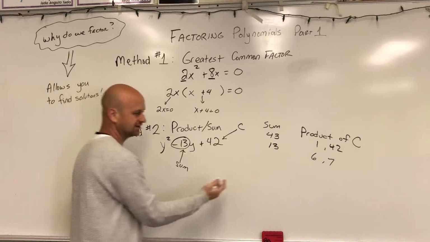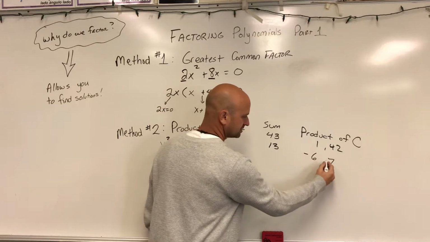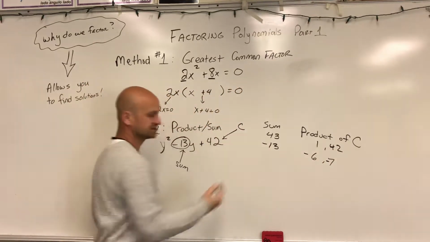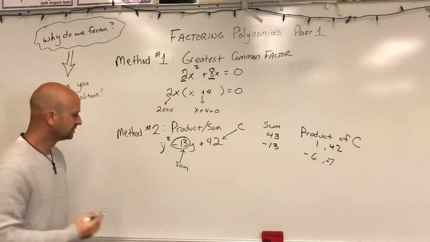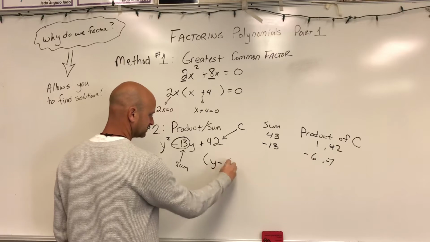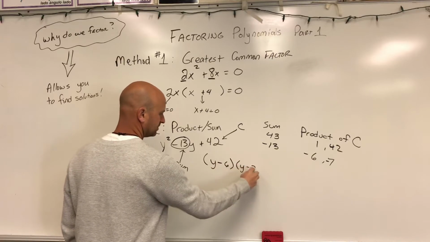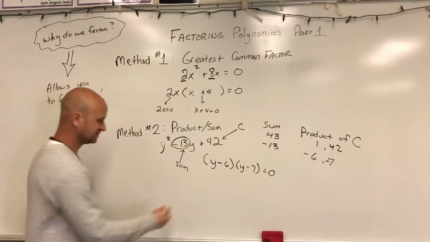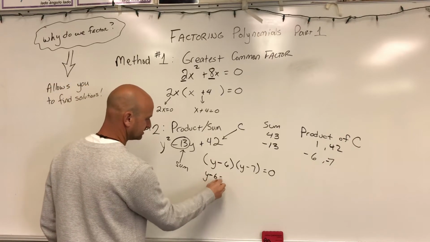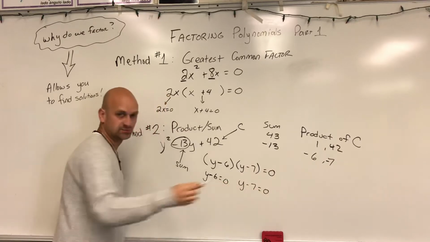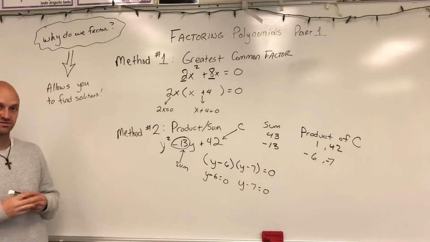Well, how can we make it negative? Well, in this case, if we did negative 6 and negative 7, that would now give us a sum of negative 13. So we know that we have two factors, y minus 6, y minus 7, and now we can go and solve that. So we would have y minus 6 equals 0, y minus 7 equals 0, and we would get our solutions of 6 and 7.